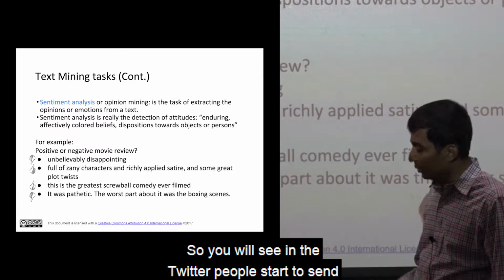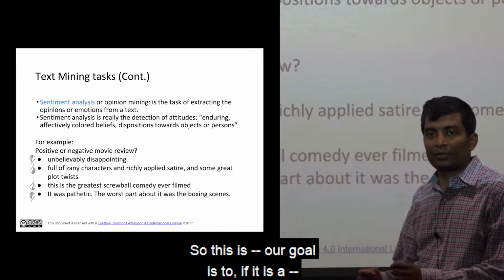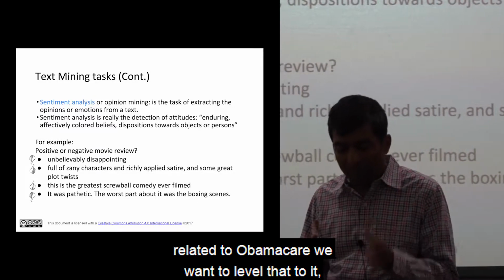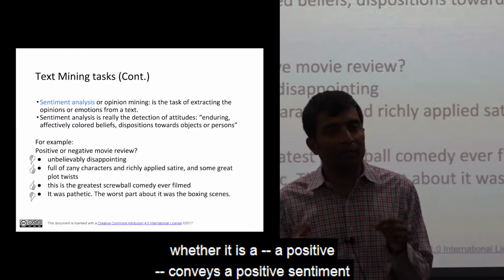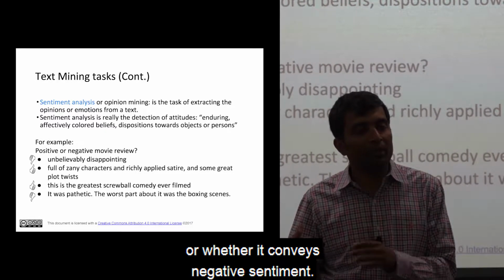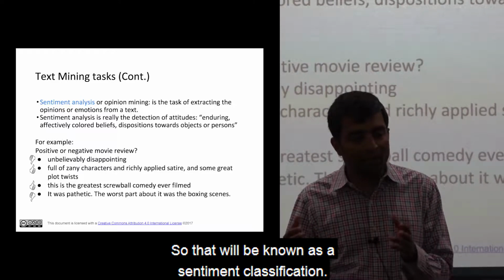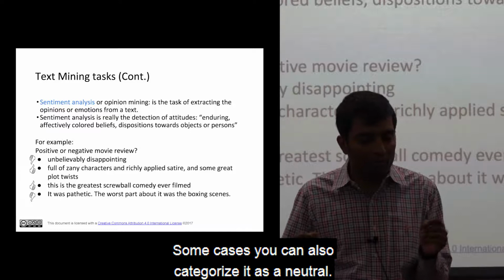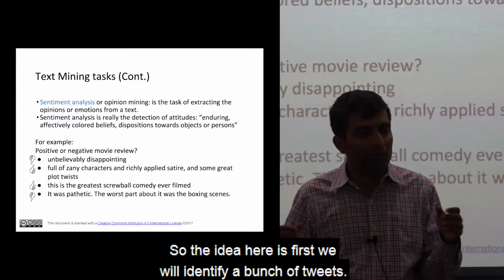So on Twitter, people started to send messages. Our goal is, if a tweet is related to Obamacare, to label whether it conveys positive sentiment or negative sentiment. That is known as sentiment classification. In some cases you can also categorize it as neutral.